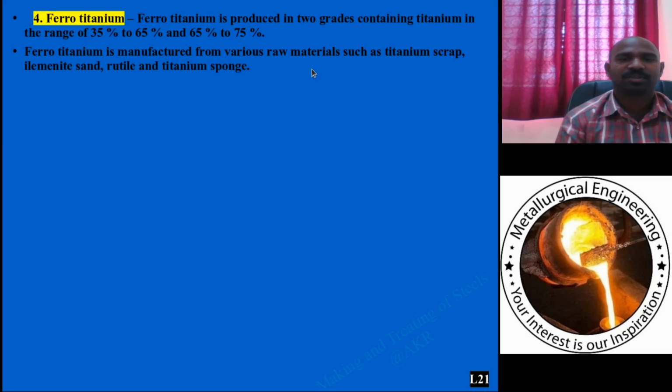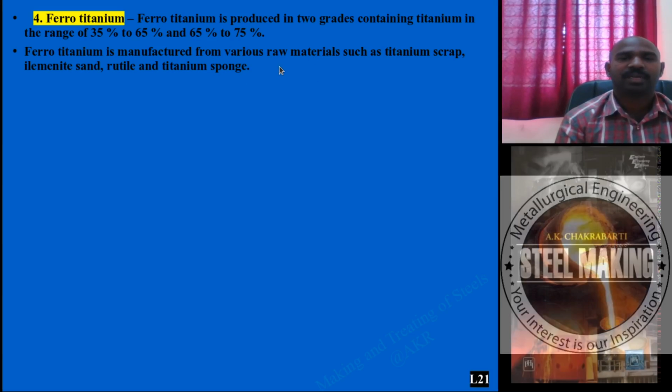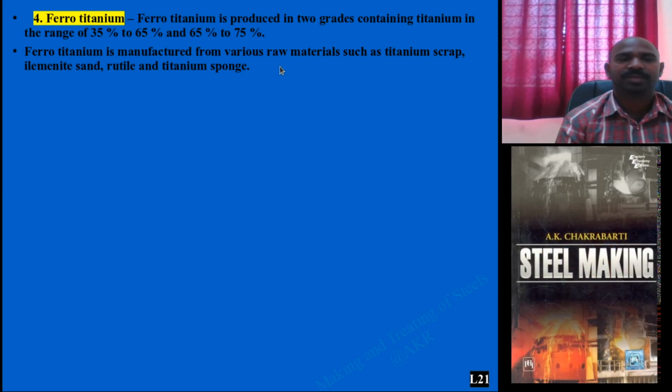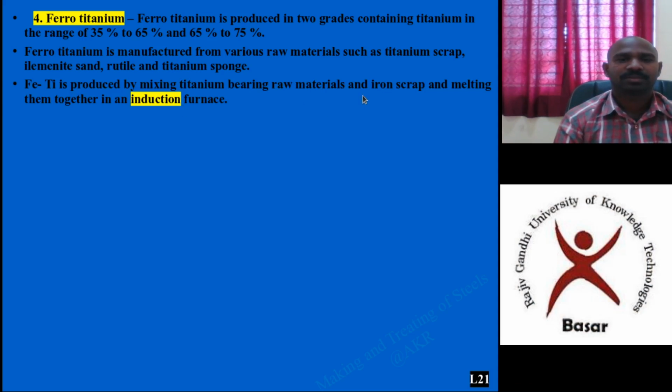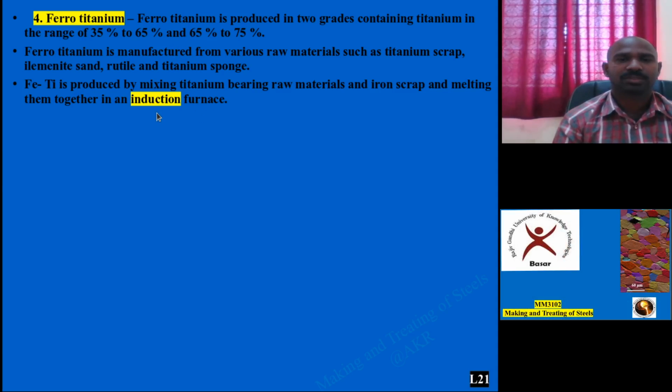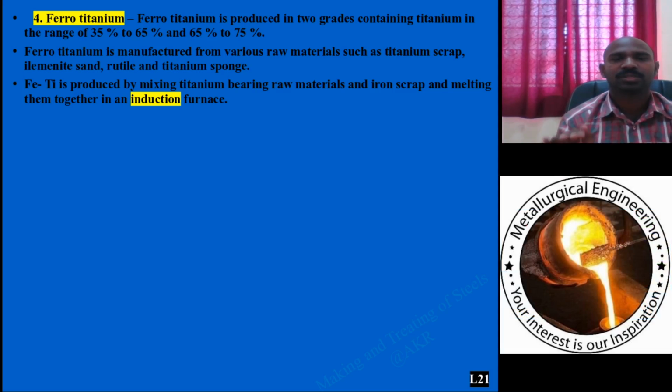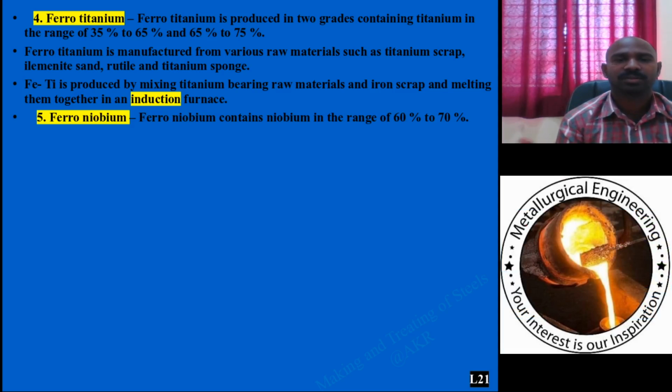These are the types of titanium raw material source, and along with them iron scrap or steel scrap is used, mixed together and melted in an induction furnace. Remember this particular point when compared with ferrovanadium and tungsten: titanium is melted in an induction furnace, whereas those use an arc furnace process.